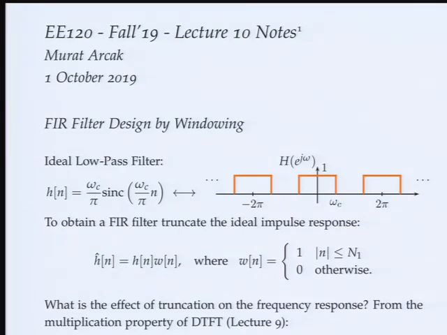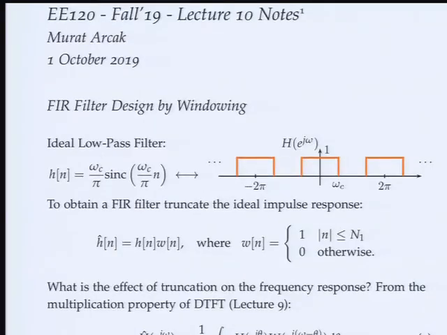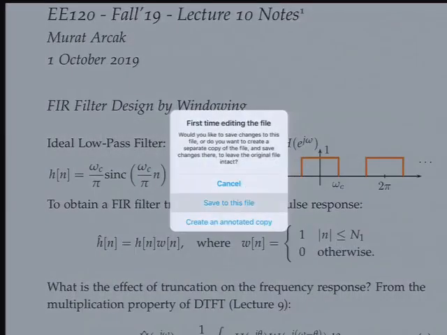So how do I truncate? One way to represent the truncation is to multiply h with what we call a window function. It basically is a function that's 1 between negative n1 and positive n1, and 0 outside of that.